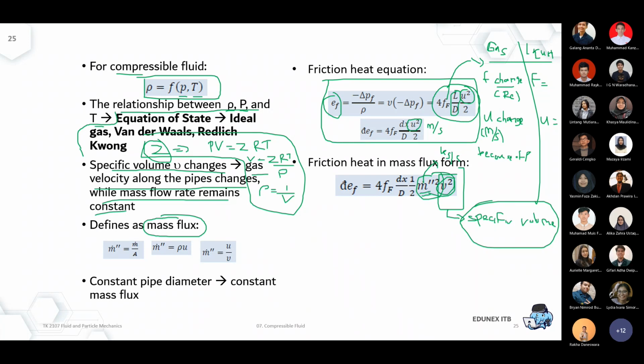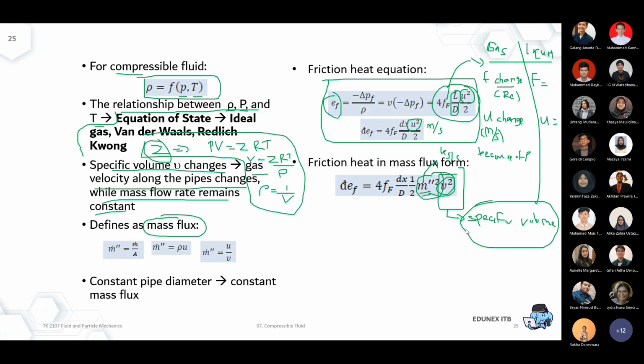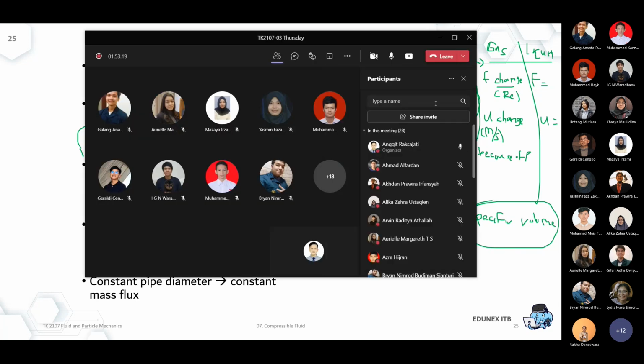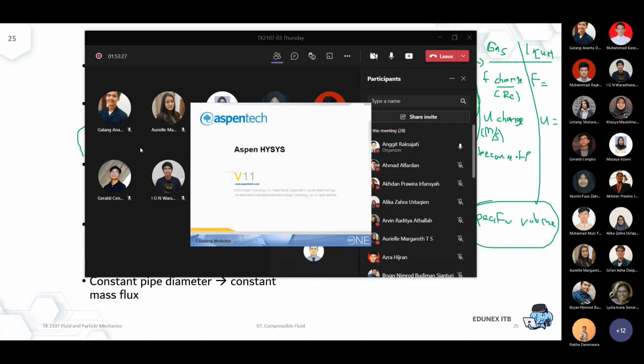Any question? So how many of you are in this class? 31 or something? If possible, I will arrange to book a PC in LabTech 10 so that you can play around with HYSYS.